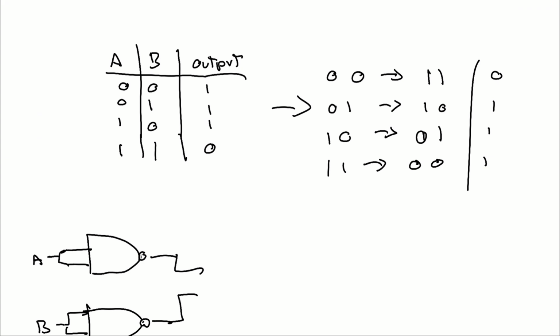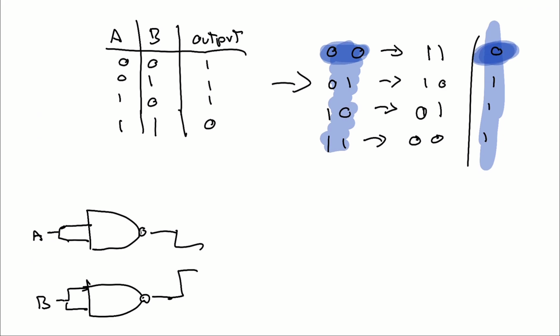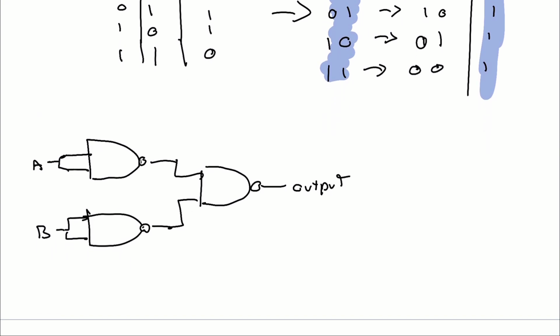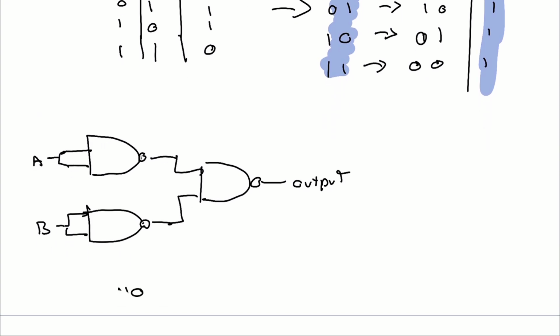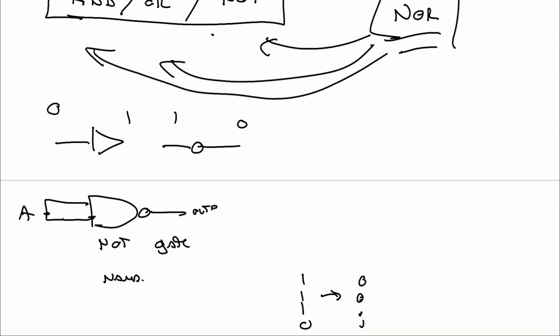Based on the original input that we had, which is this, which we then fed through NOT gates, we essentially have created an OR gate, right? Because the only time that we're getting a 0 is when we have 0, 0 here. And that's pretty much what you do. You basically just feed this through another NAND gate. And now we basically created an OR gate.